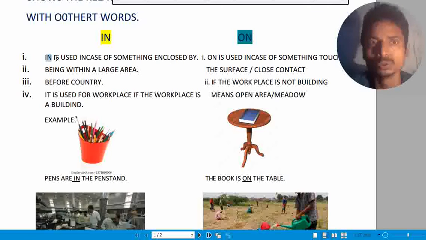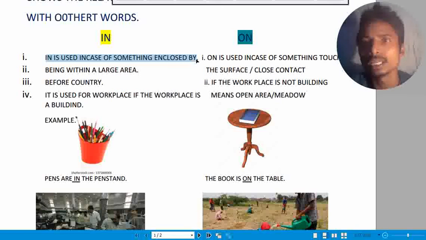In is used in case of something enclosed by. If something is enclosed by or covered by, then we will use the preposition in. And the second point, being within a large area. If something is within a large area, then we will use the preposition in.